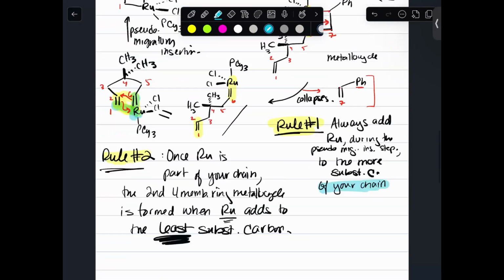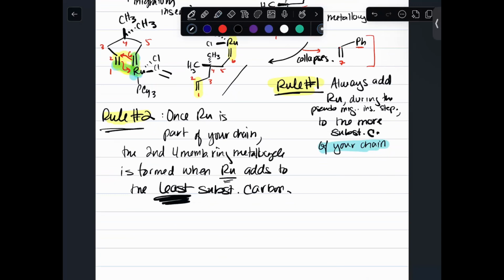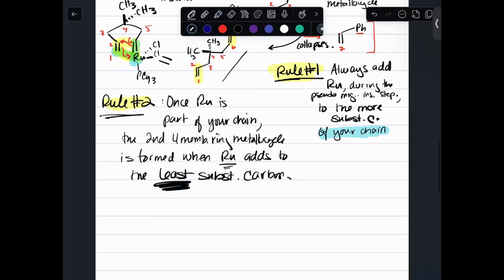If it added to carbon 2, let me just do this really quickly. You should try to draw out that product.